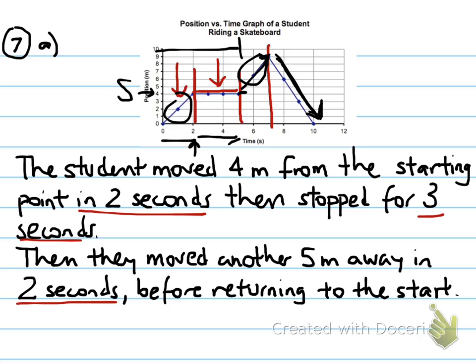What you probably would want to do, though, is specify how long they were still for, and you would also want to mention if the graph looks something like this, and they came back really, really suddenly, then you would mention the word quickly or something like that to emphasize that this happened quickly and this happened more slowly. Okay, so just use your best judgment, but you want to be able to describe further away, stopped, further away, getting back closer to the beginning.